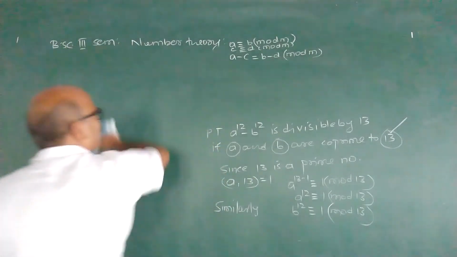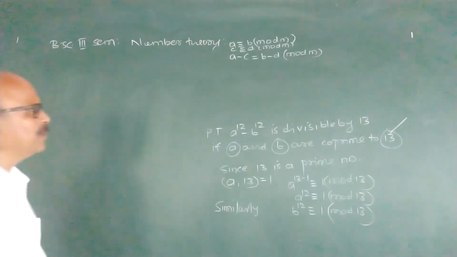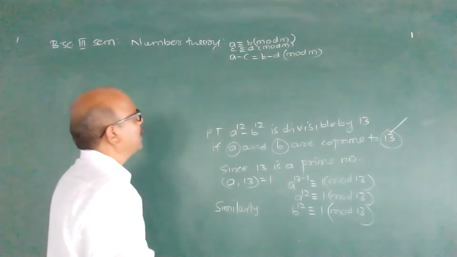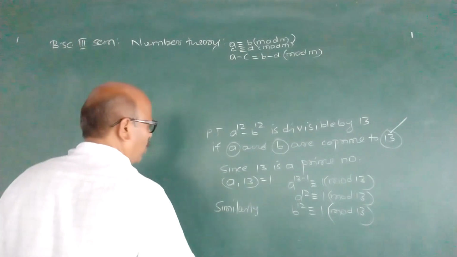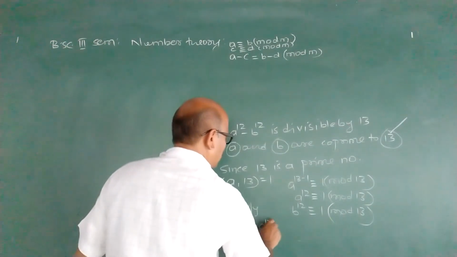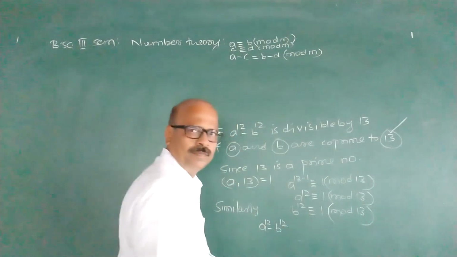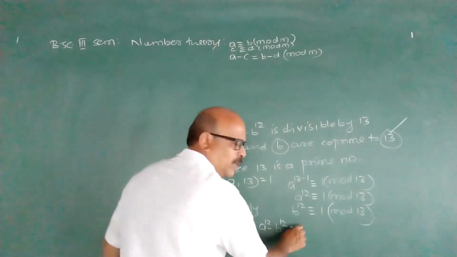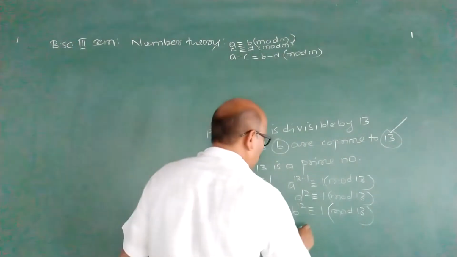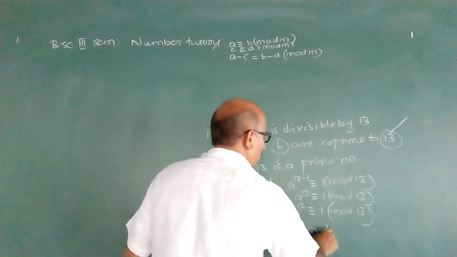We have this result: A is congruent to B mod M, C is congruent to D mod M, then A minus C is congruent to B minus D mod M. Therefore, A raised to 12 minus B raised to 12 is congruent to 0 mod 13.